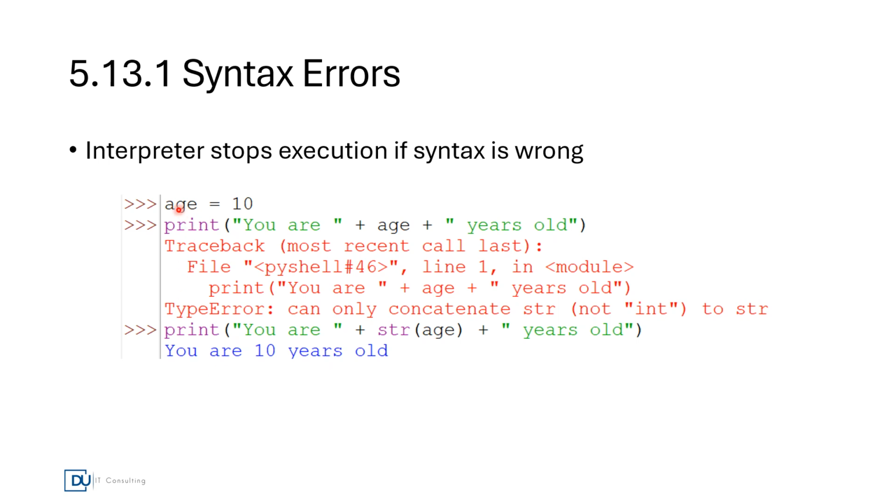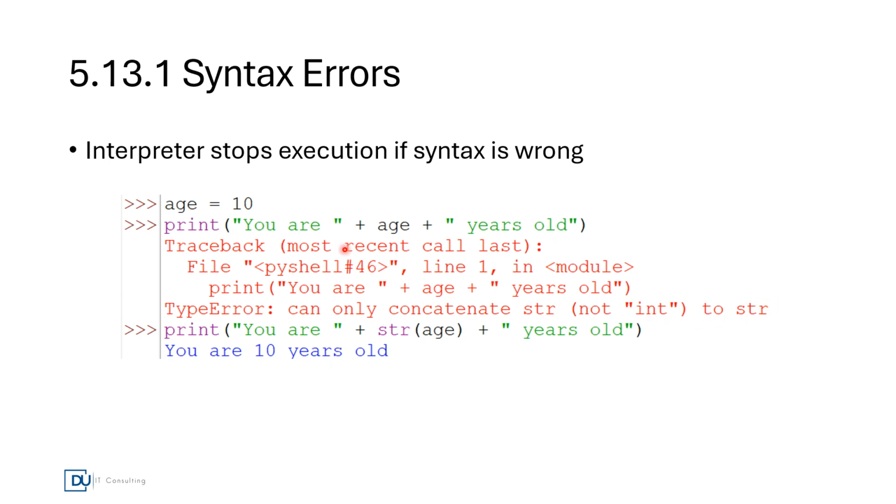We have age is equal to 10, and then we are trying to print the string "UR" plus age plus a string with a space and "years old". When we try to execute this line, the interpreter complains that you can only concatenate string to string, not integer.